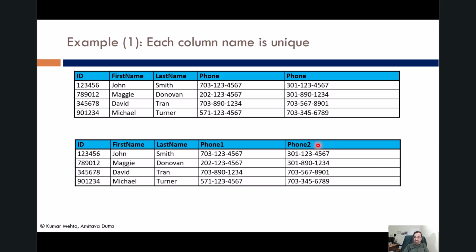Okay, but in any case, the names of the two columns must be different. I cannot have two columns with the same name in a relation, simply because conceptually every column represents an attribute or a property of the entity. So I can't have two different properties having the same name. Okay.